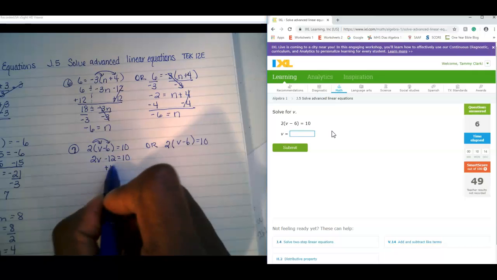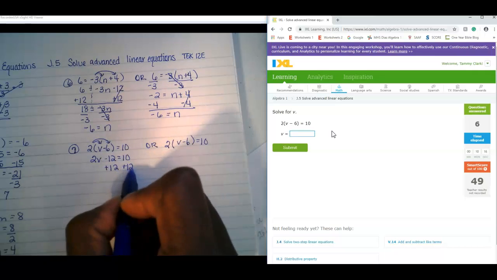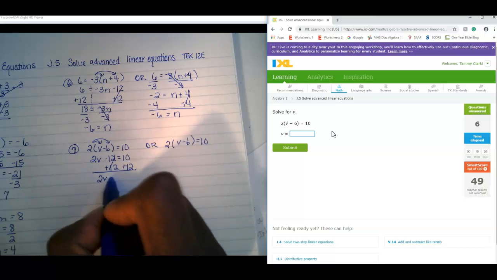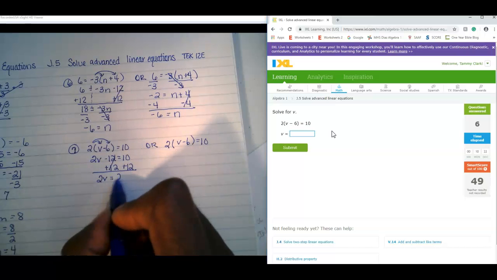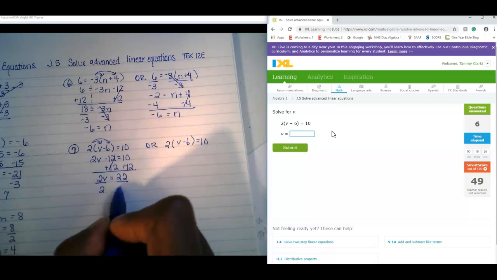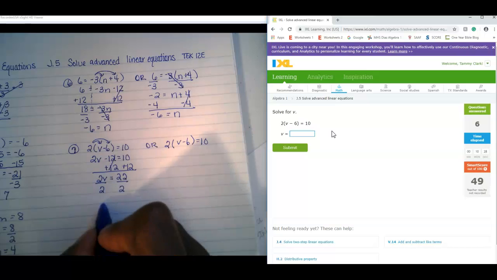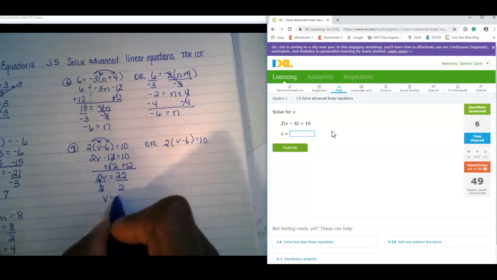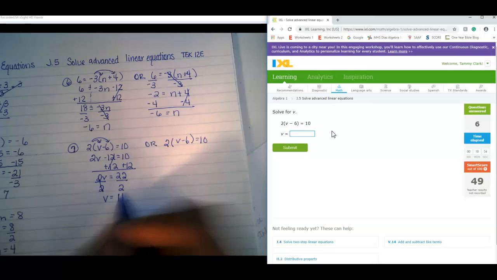I'm going to add 12 to both sides of the equation. So I have 2v is equal to 10 plus 12 is 22. I'm going to divide by 2 on both sides of the equation. 2v divided by 2 gives us v. 22 divided by 2 gives us 11.